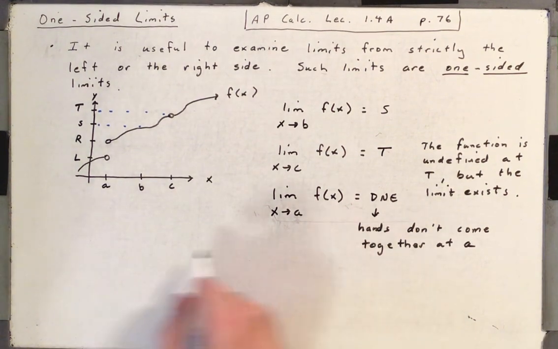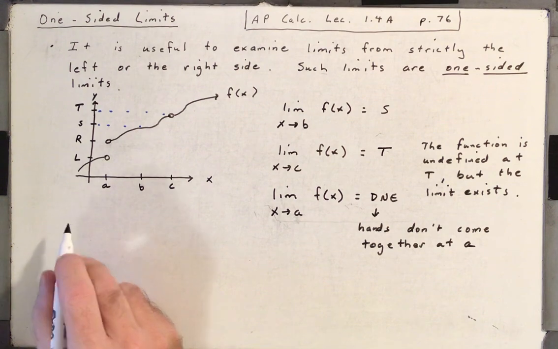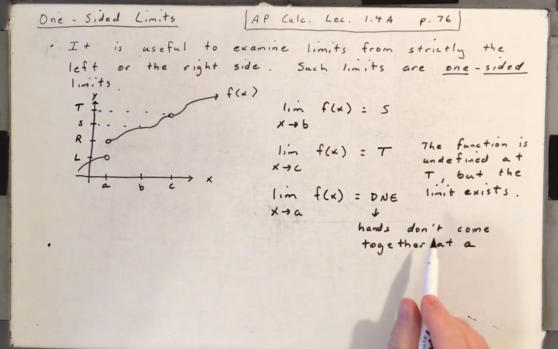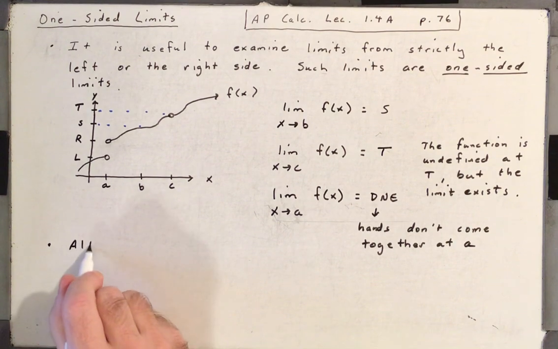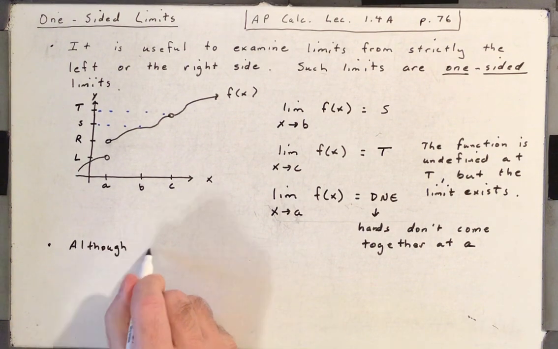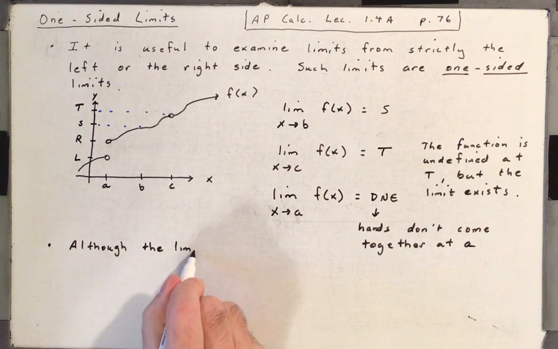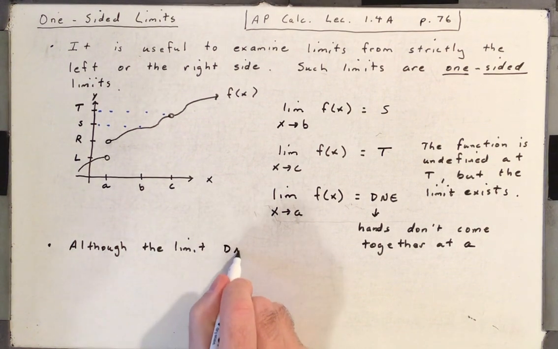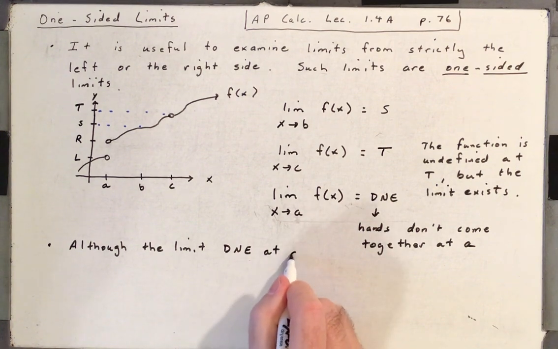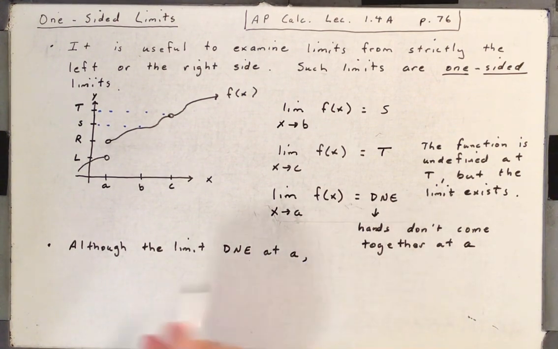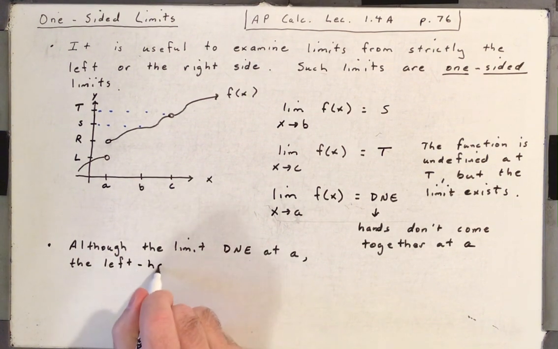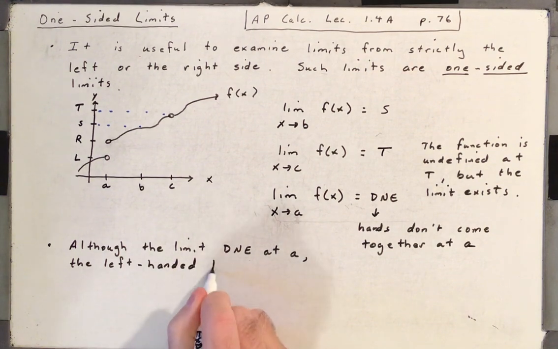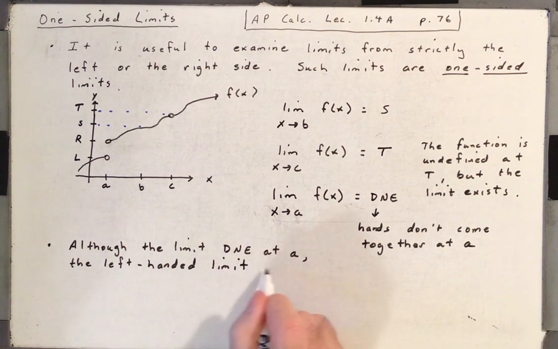Let's write this down a little more. We don't get any good information when we just take the limit as x approaches A. But although the limit does not exist at A, the left-handed limit might.